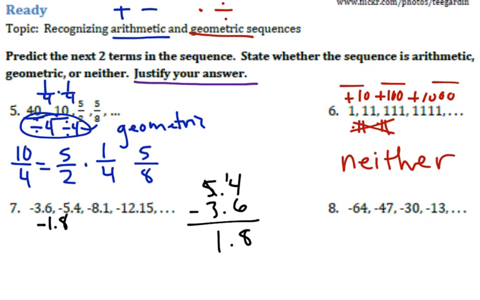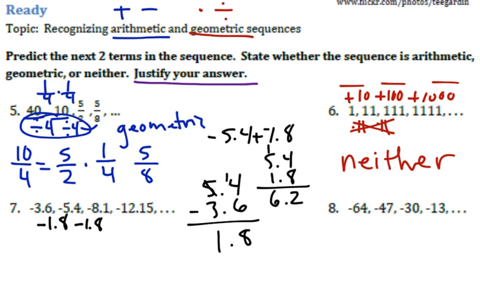Yep. If I subtract 1.8 from that, are we getting negative 8.1? Well, negative 5.4 minus 1.8, okay, that's like plus a negative, so we could add them together. We get 7.2. Okay, so we're not doing that, so it's not arithmetic.